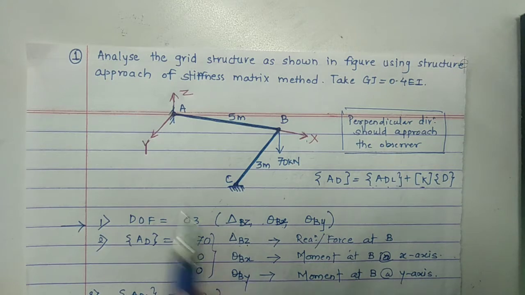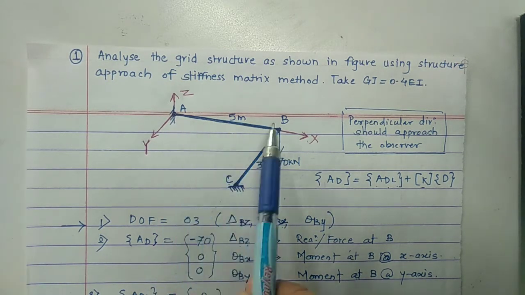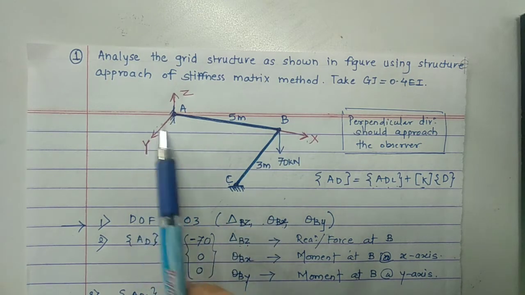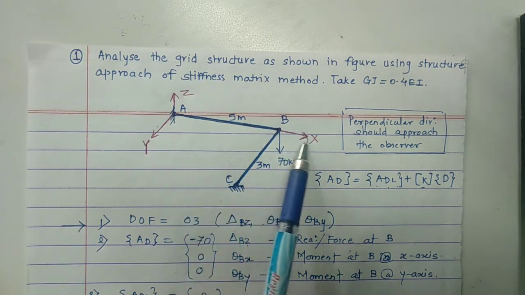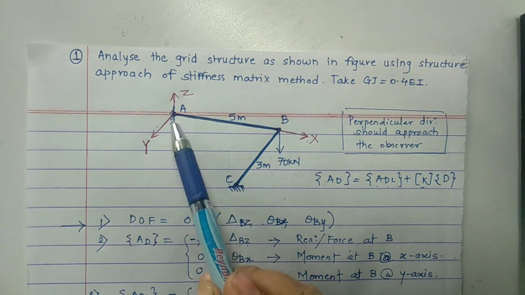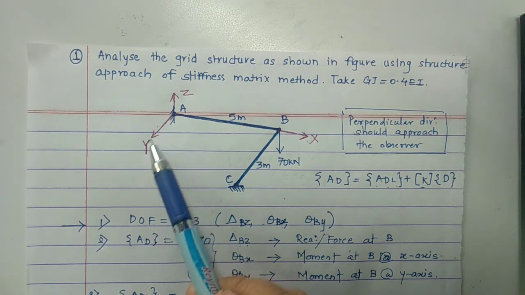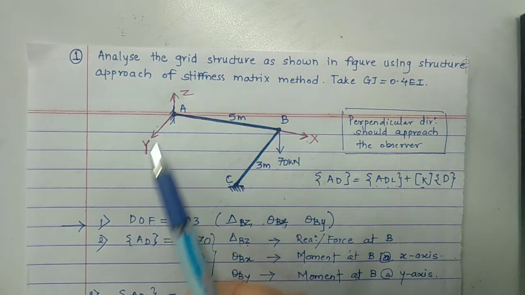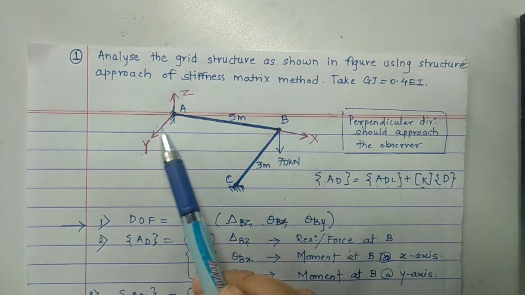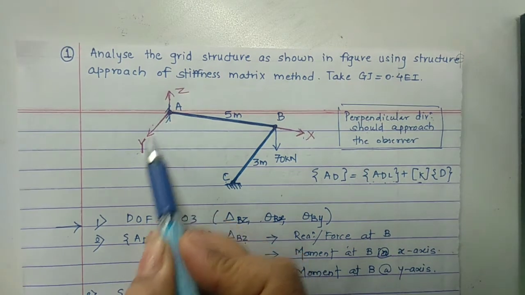So see here, member AB and member BC, these two members are in the horizontal plane XY. Member AB is along the X axis and it is perpendicular to the Y axis. This Y axis is coming in this direction. So the y direction is the perpendicular direction to AB, and it should approach the observer.